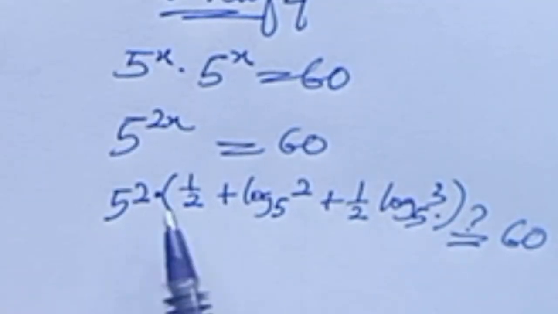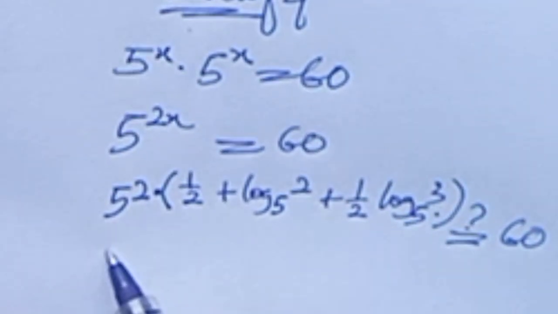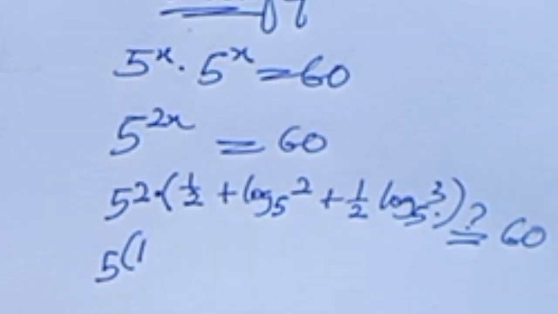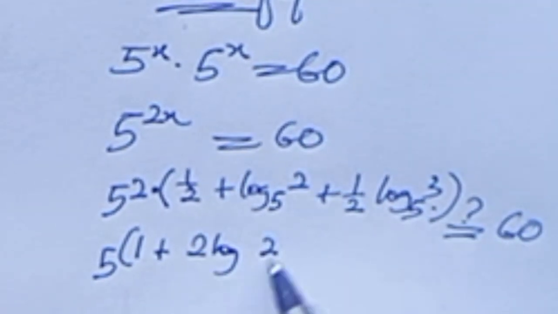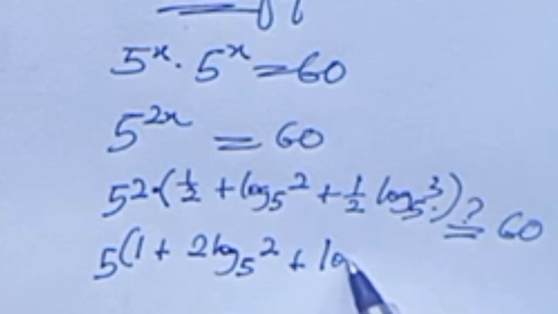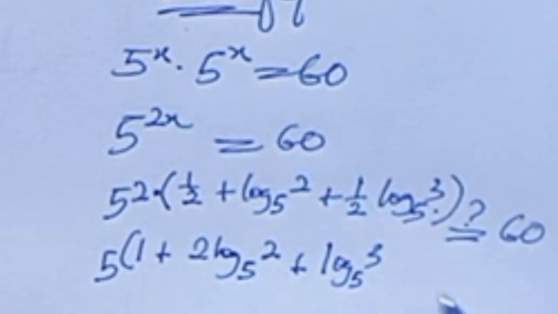If you do this very well, we're going to allow the 2 to multiply the bracket. We have 5 to the power of 2 times 1 over 2, that will be 1, plus 2 log 2 base 5 plus 2 times 1 over 2, that will be 1, to be left with log 3 base 5.